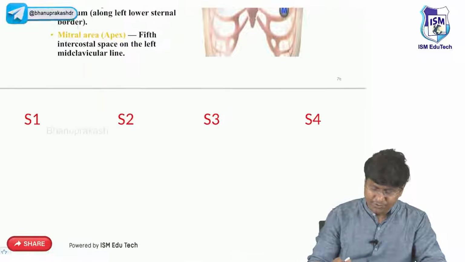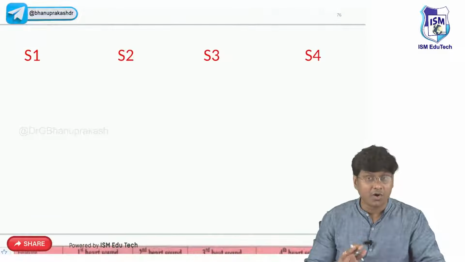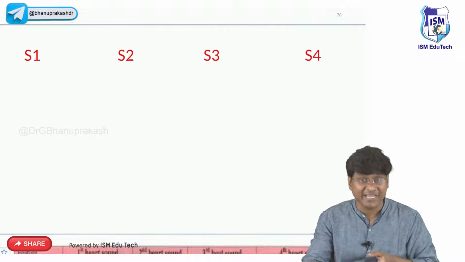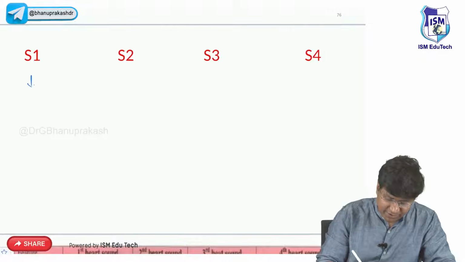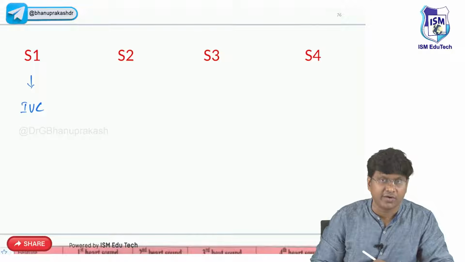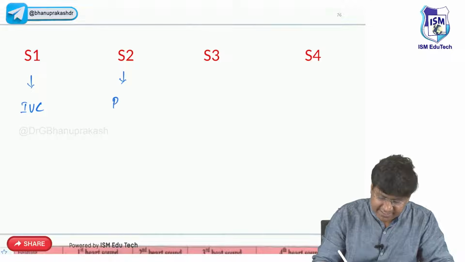Okay, then you need to know all the heart sounds. So in which phase of the cardiac cycle do you listen to these particular heart sounds? S1 you listen to in the isovolumetric contraction phase. S2 you listen to in protodiastole, right?